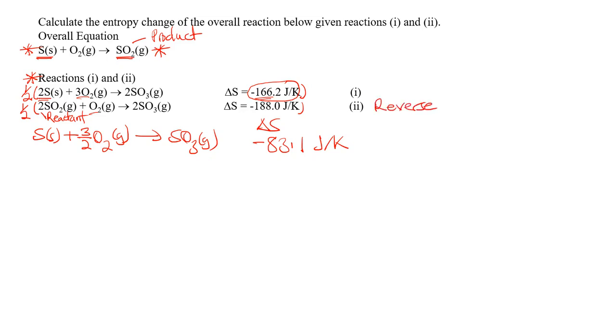So you are doing two things. The first thing, you multiply it by half. The second thing, you reverse it, so that the SO2 is a product in reaction 2, as it is in the overall reaction.